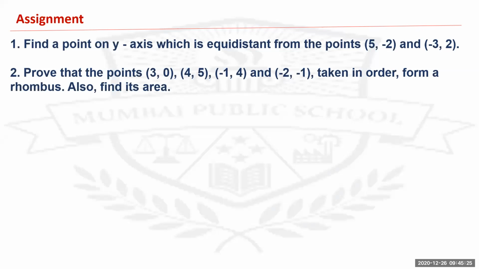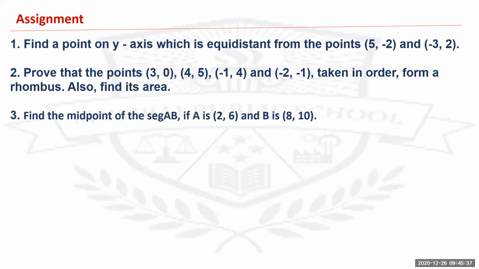Also, there is one more question added in this. You have to find its area. So you have to find the area of the rhombus. Then find the midpoint of segment AB if A is 2 comma 6 and B is 8 comma 10.